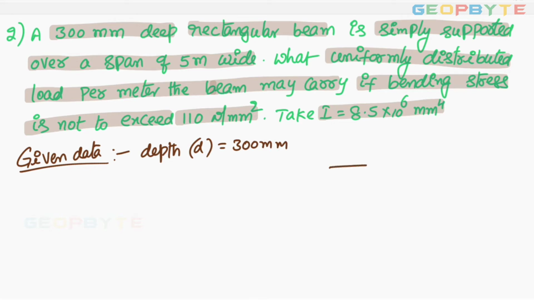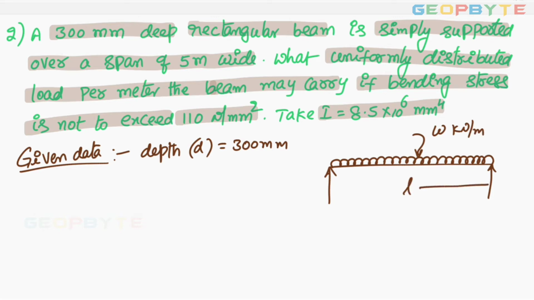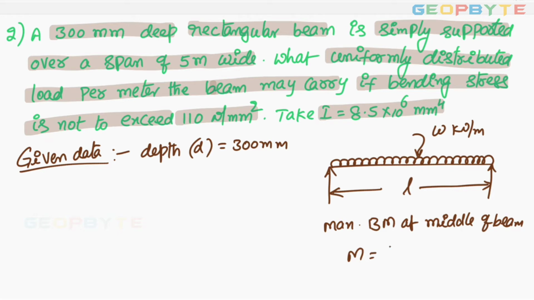Simply supported beam carries UDL over its entire length with a magnitude W. It may be in kilonewton per meter for a length L. Then maximum bending moment at the middle of beam, M equal to, already we proved it, WL square by 8.